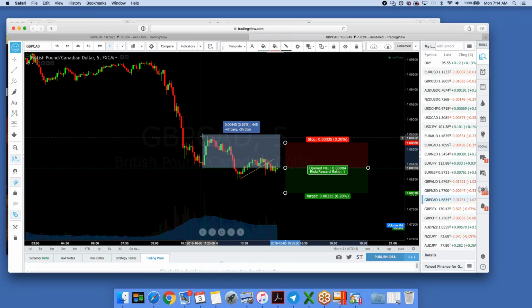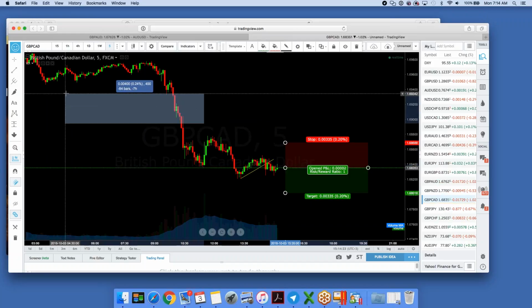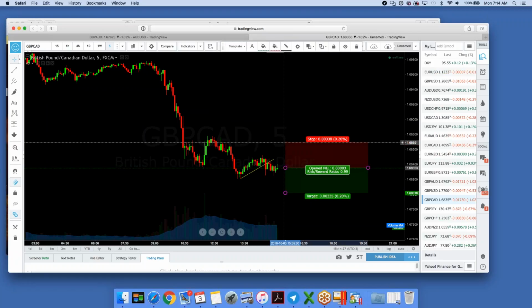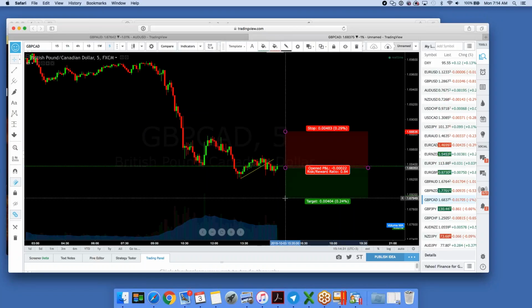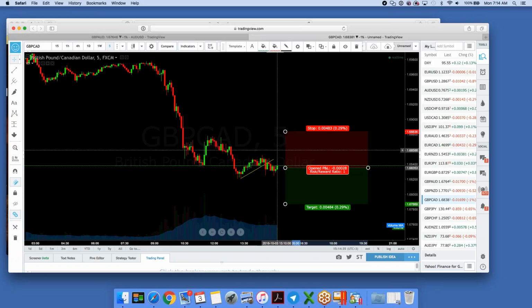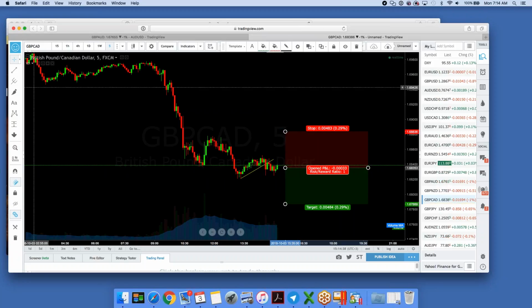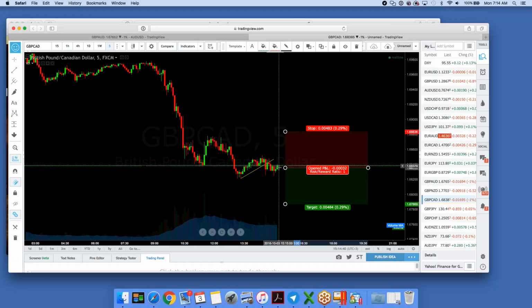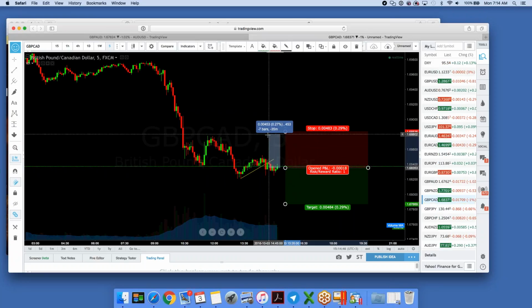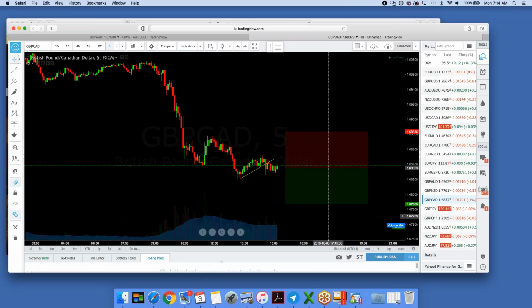So we could pull back here a little bit. Because the pound pairs do move a little bit more than normal pairs, we can make this a little... I know the currency strength algorithms are normally a little smaller, but this is still almost a 50 pip take profit that it has to hit, but the pound pairs move better.